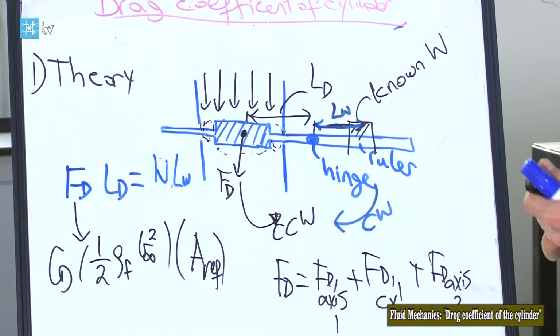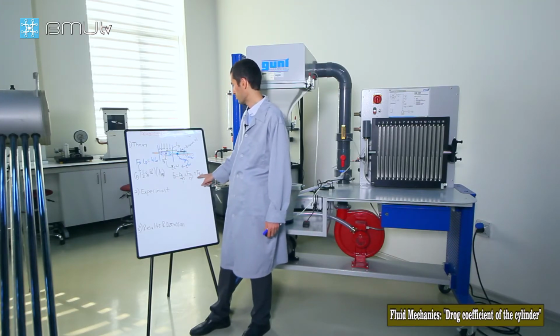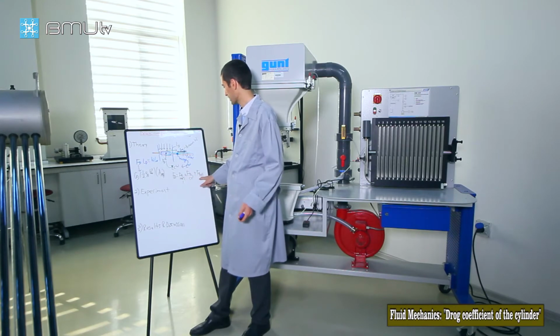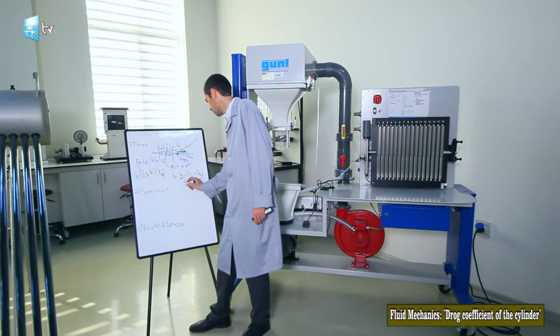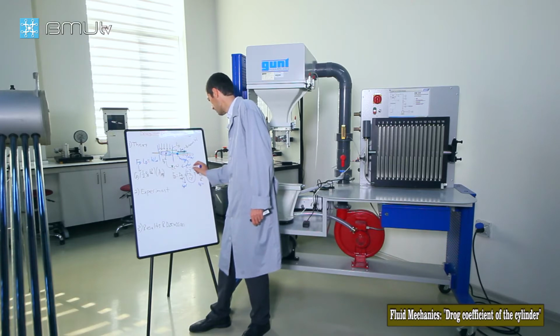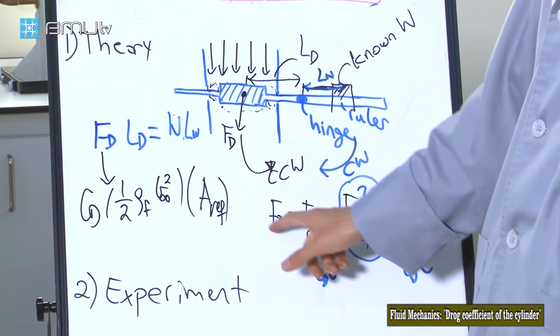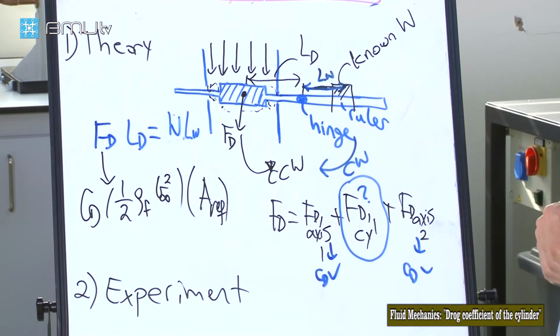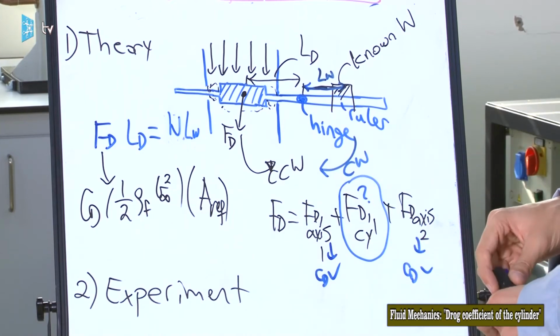I know the axis 1 drag coefficient, and I know the axis 2 drag coefficient. The only unknown is the drag coefficient of the cylinder. I will find the drag coefficient of the cylinder, and from that I will find the total drag force, and then I will finish the experiment.